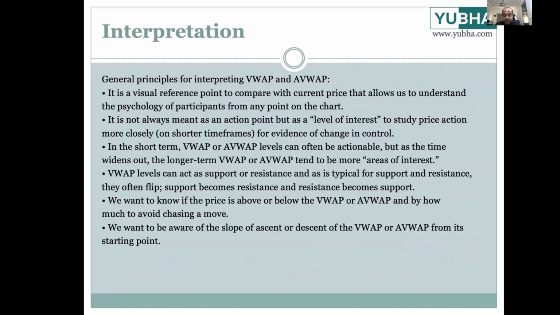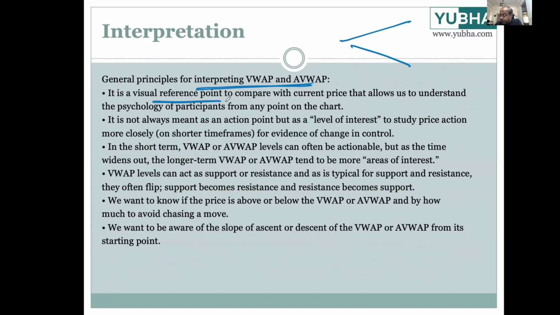I think this is the last slide for this class. So what are the rules or the principles for interpreting VWAP and anchored VWAP? We did discuss the fact that if it is a downward sloping VWAP, then it typically means that the sellers are in control. If it's upward sloping, it means the buyers are in control.